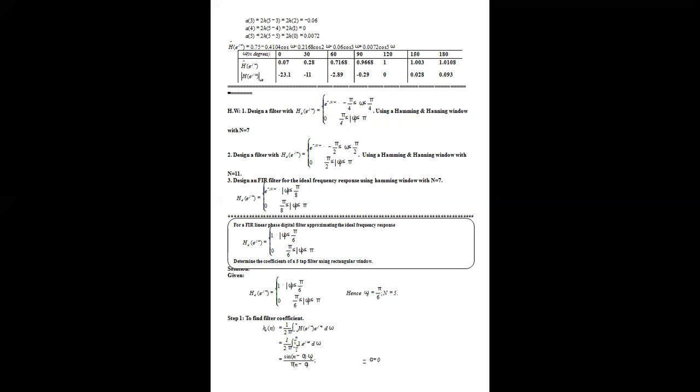So when we integrate this, we'll be getting sine of (n minus alpha) omega c divided by pi (n minus alpha). Okay, then we'll be seeing that h_d of n is equivalent to sine of pi by 6 n by 5.